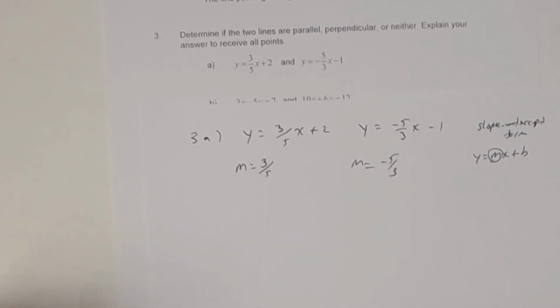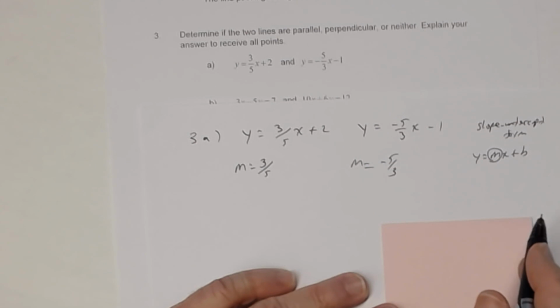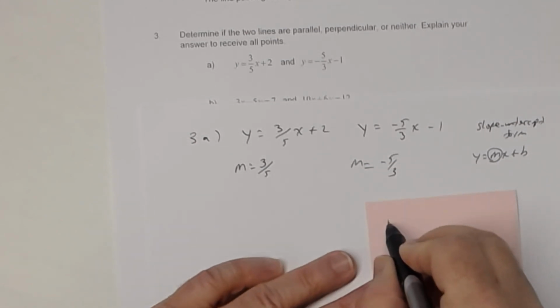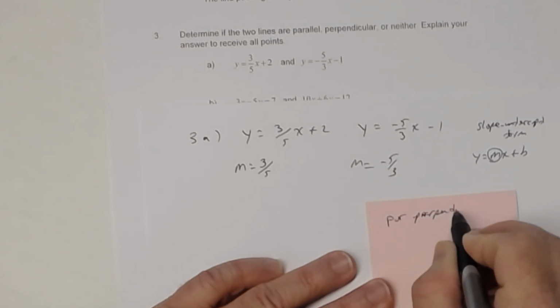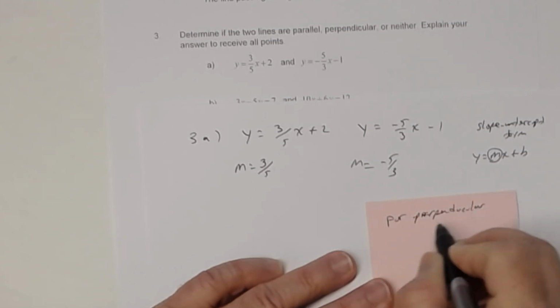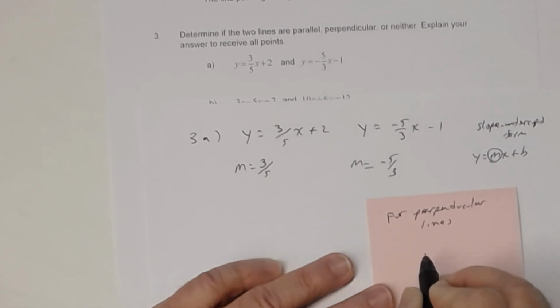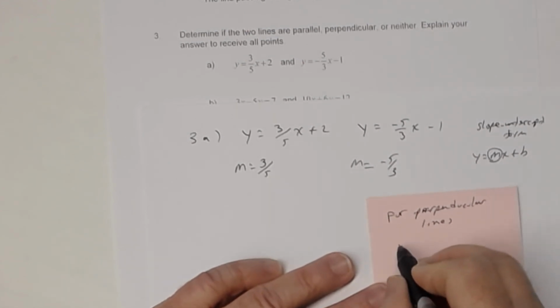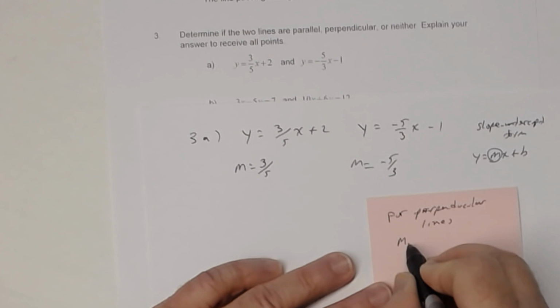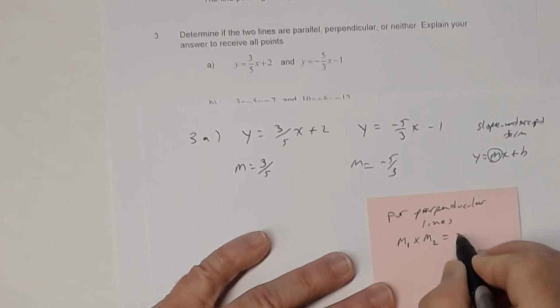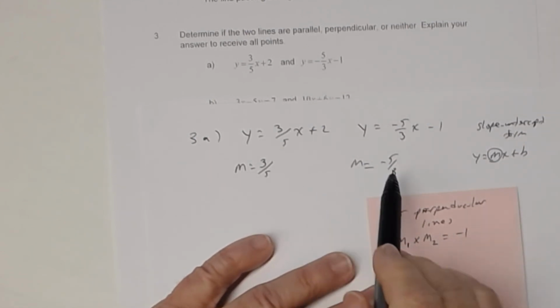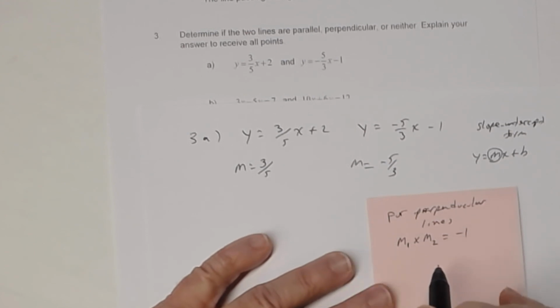And one of the things that you learned is this: for perpendicular lines, if you multiply the slopes together, so the slope of line 1, m1, times the slope of line 2, you're going to get a negative 1.